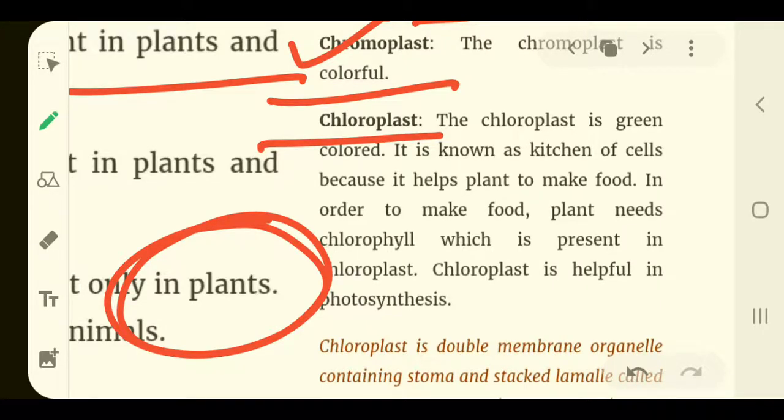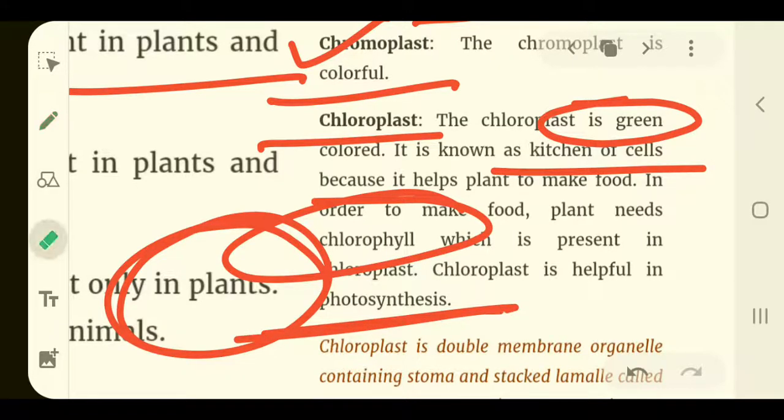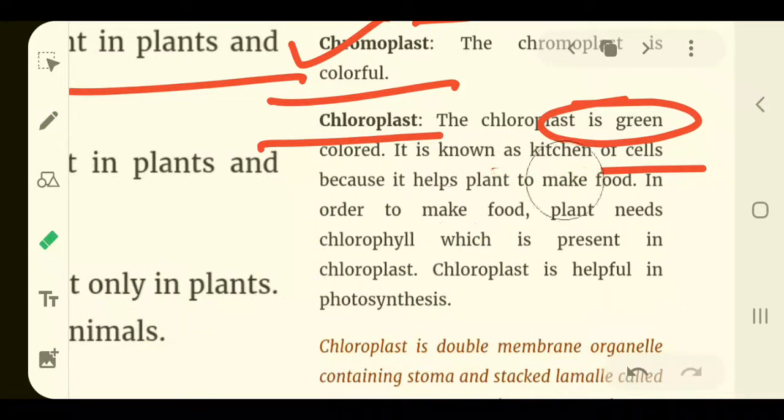Chloroplast is the one that gives the green color, and hence we call it the kitchen of the cell, the kitchen of the plant, because it helps the plant make food, as it contains chlorophyll. The process by which plants make food is called photosynthesis.